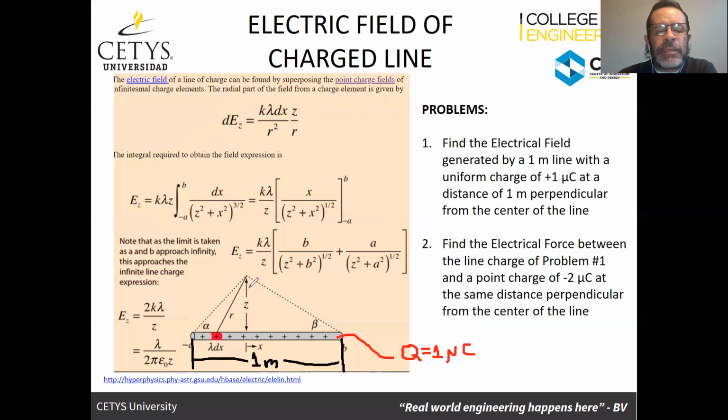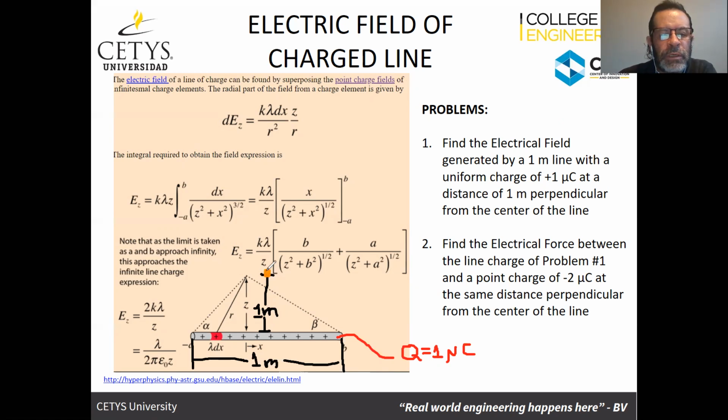The other is that there is a point located at a distance of 1 meter, perpendicular to the center of the line. So we have a point that is located 1 meter perpendicular to the line. We've got a point here.